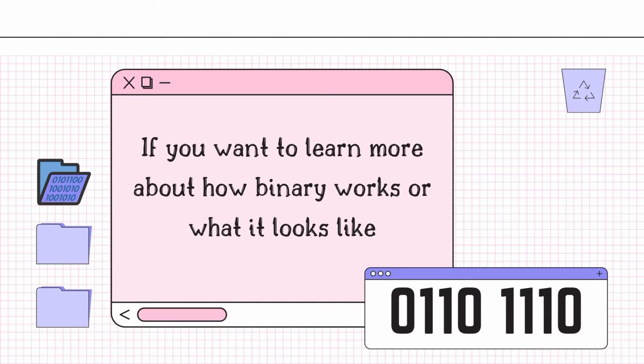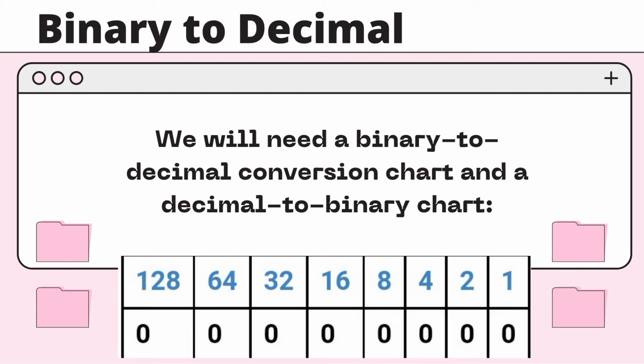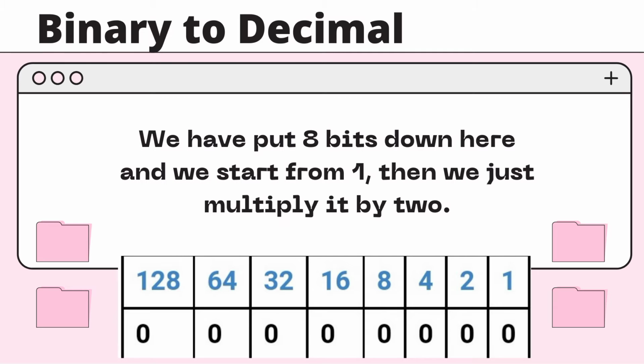If you want to learn more about how binary works or what it looks like, one of the easiest ways to understand this is through conversion. We will need a binary to decimal conversion chart and a decimal to binary chart. We have put 8 bits down here and we start from 1.